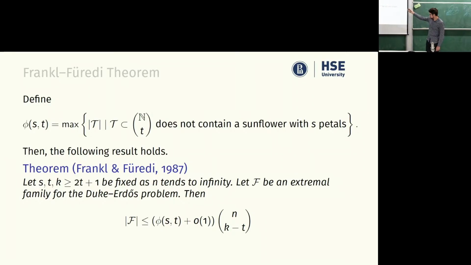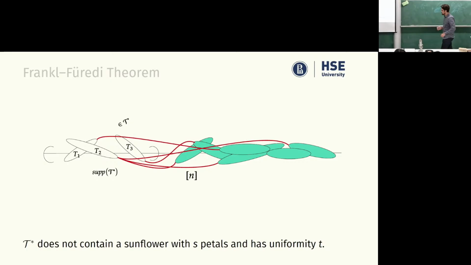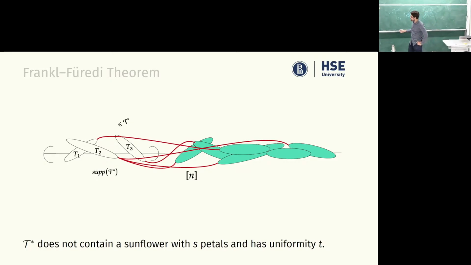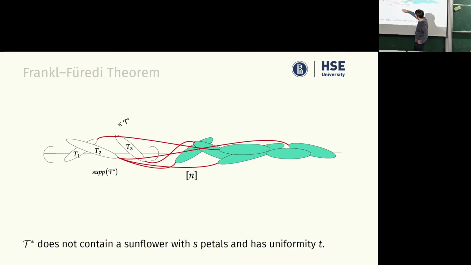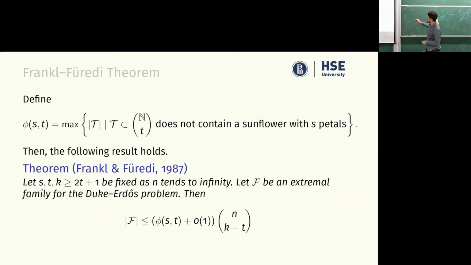So Frankl and Füredi in this paper showed that their bound is asymptotically tight, and the example is quite simple. We choose a family for which we have this maximum. So a family T that doesn't contain a sunflower with S petals, t-uniform, and has size, let me denote it by T star, exactly phi of S and t.